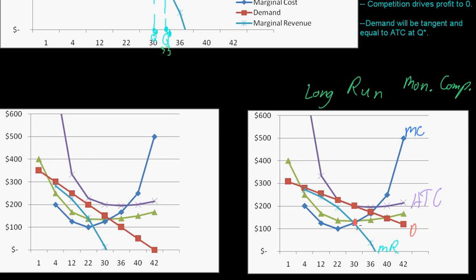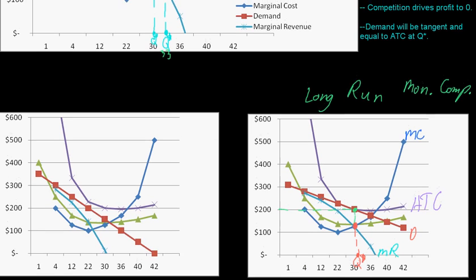And so this is our Q star for the exact same reasoning as above. But what's different now is that if I go up from Q star to demand, I exactly hit average total cost. So this firm is making zero economic profit because it is charging on average exactly what it costs the firm to produce each good on average. So as a whole, this firm makes absolutely zero economic profit. And that's what competition does: it drives the market to zero economic profit.